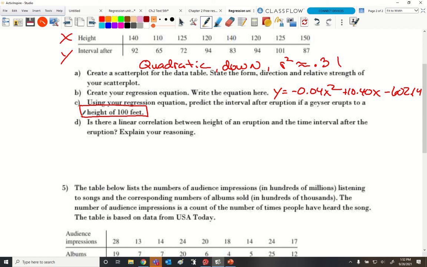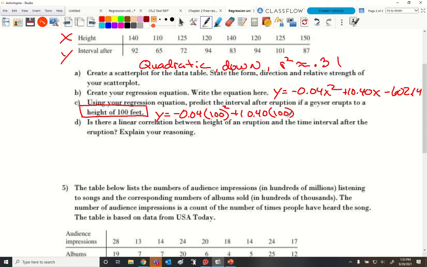Yes? Can't we also graph trace it too? Yes, you can. You can graph trace also. So we're going to do another problem later on for the y's to graph trace. Okay. So right here, I'm going to go ahead and plug in my equation. So it's y equals negative 0.04 times 100 squared plus 10.40 times 100.